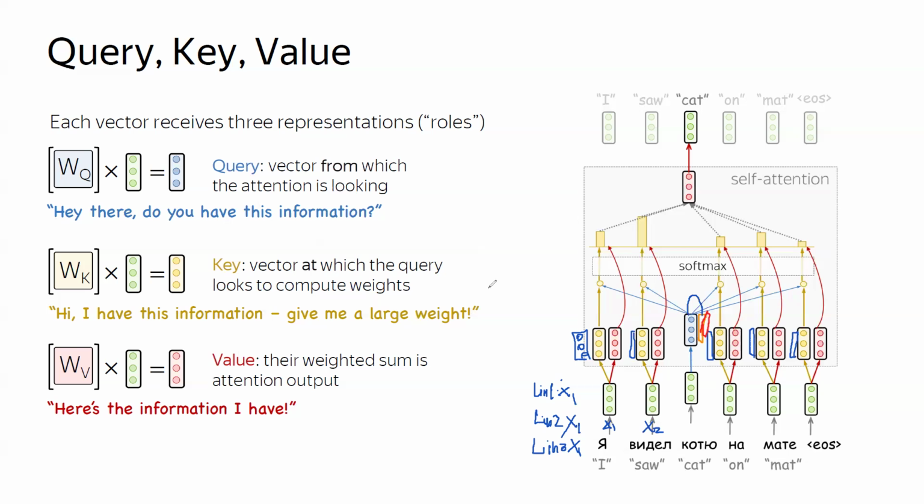So we calculate this score from our current word with all other words and with itself. So we will get some one-dimensional numbers. After that, we apply softmax to convert these numbers into probabilities.